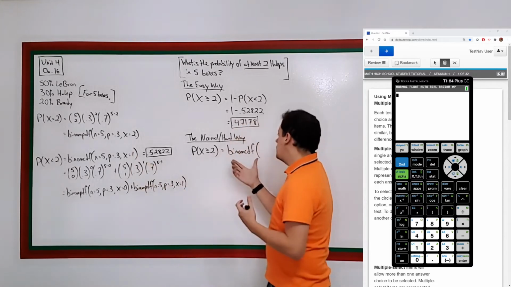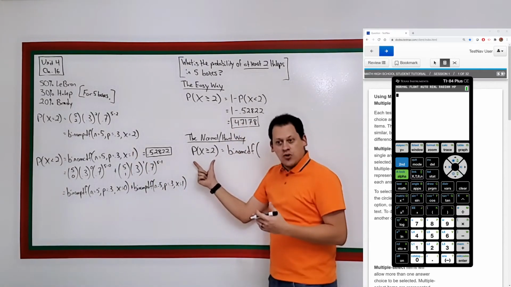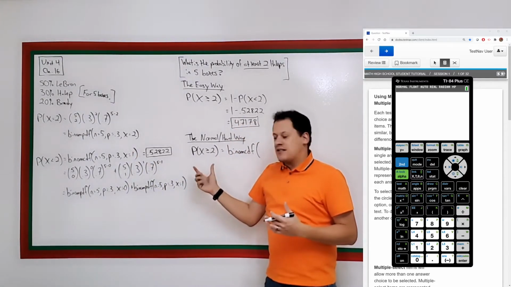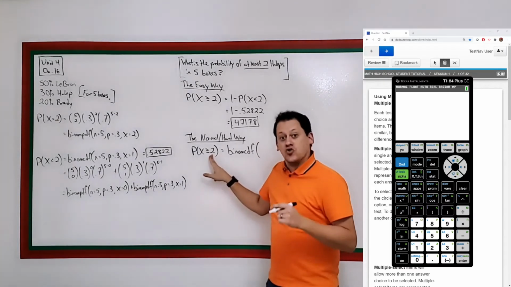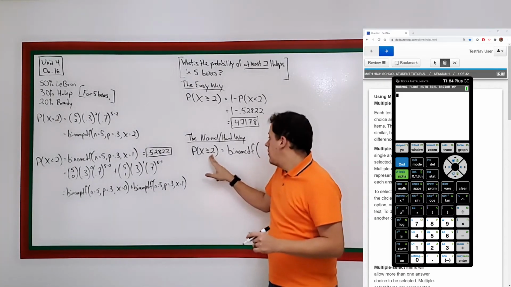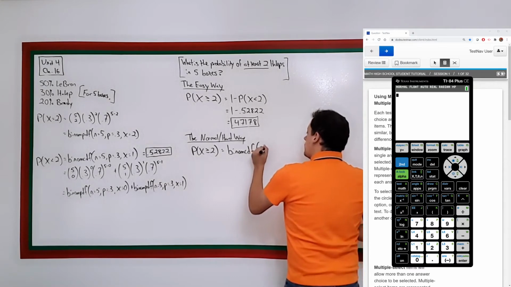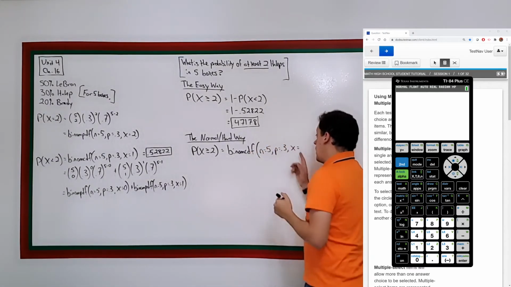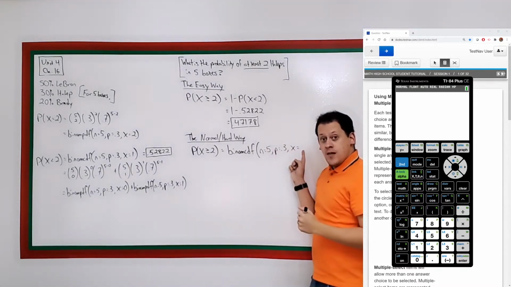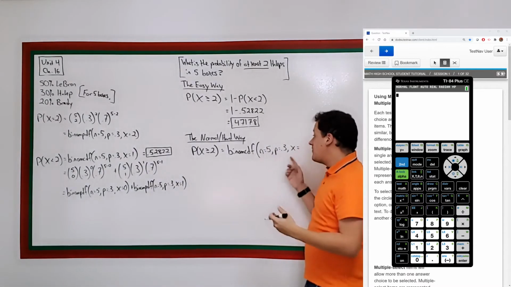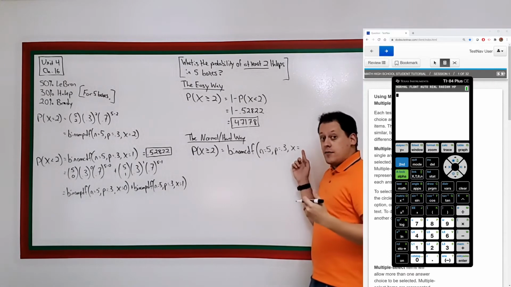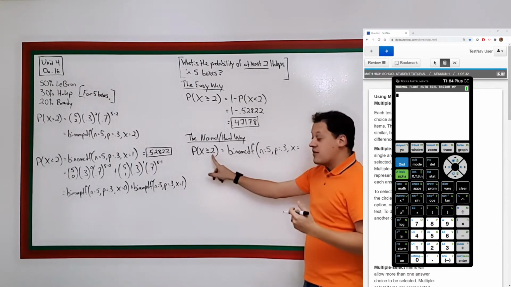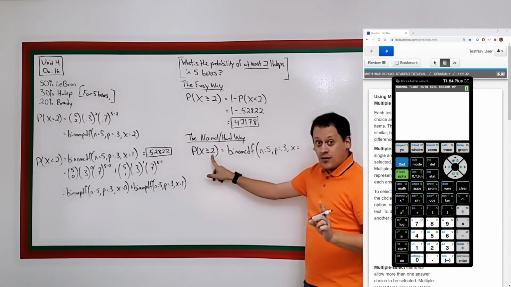So how can we use binomcdf to find this probability if we want to start at x equals 2? No matter what number I put here, it's going to calculate starting at 0 and going up to that number. But we want to start at 2, not 0.